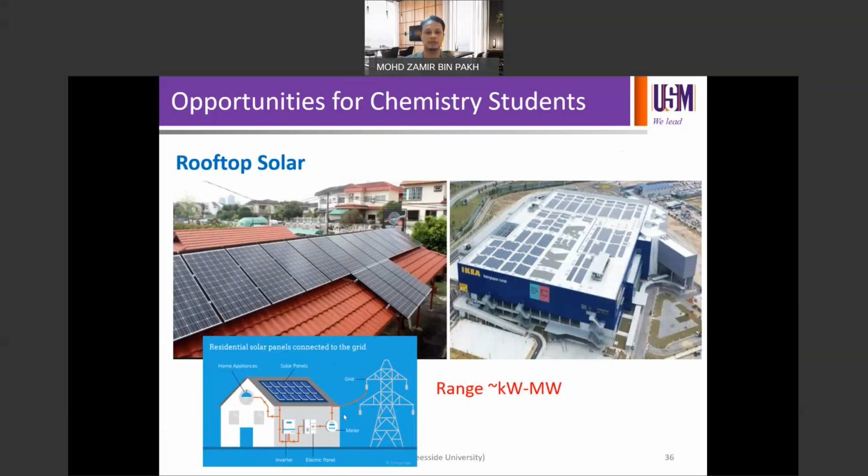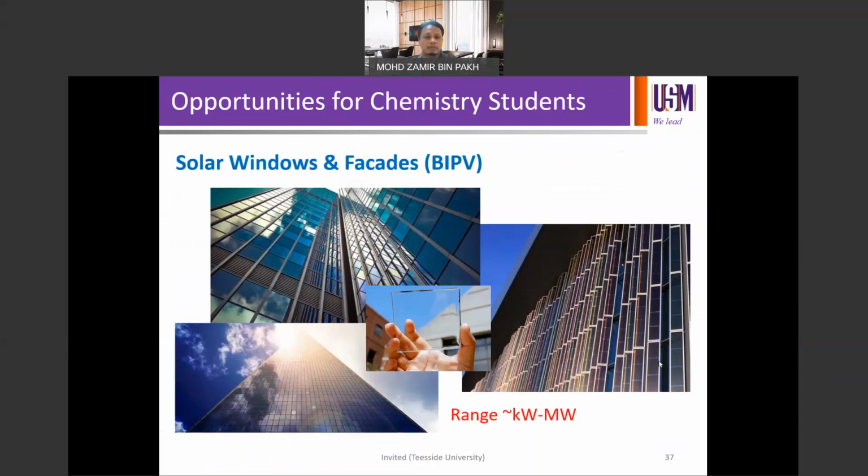This installation can be optimized for self-consumption, for residential and commercial application as well. You can use the energy generated on the roof for your self-consumption, or it can also be exported back to the grid based on the tariff or the package that you have in the country.